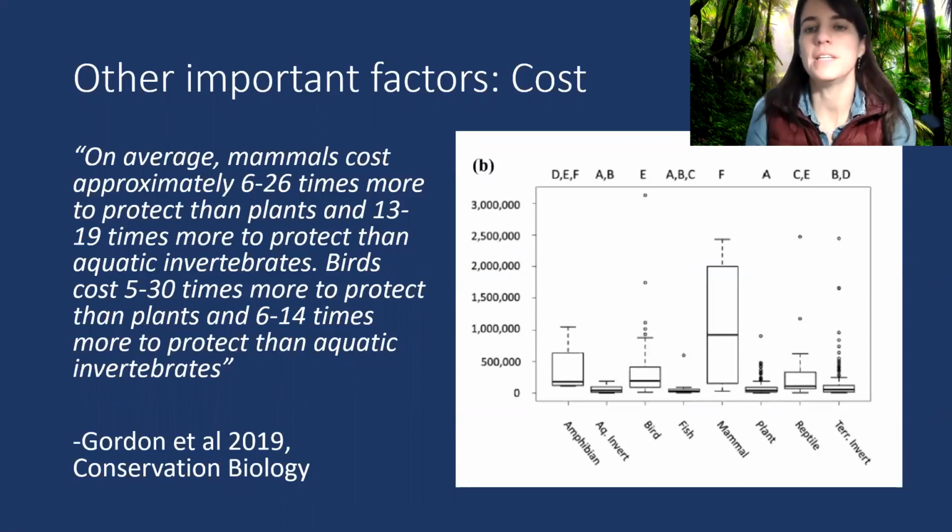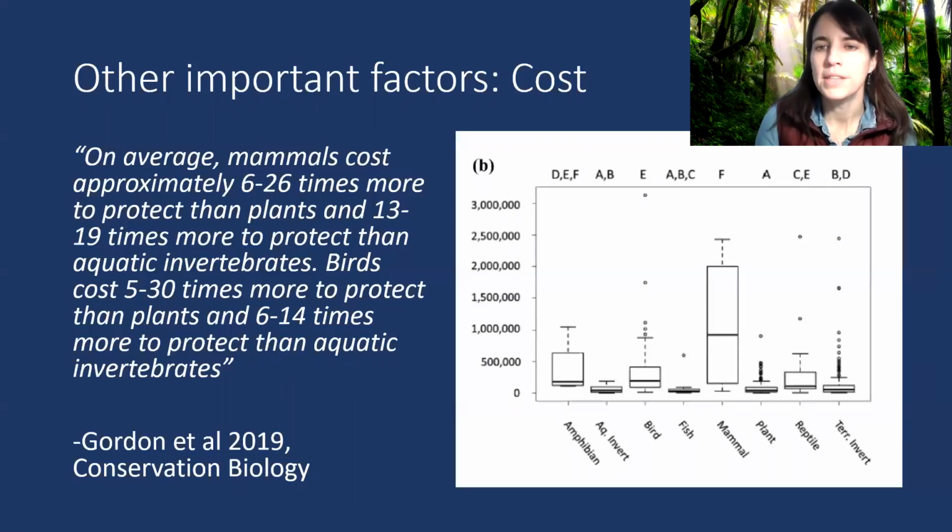And I'm showing you the New Zealand graph because the United States just had a lot of variability. But what they found across both places is that mammals are really expensive to protect. Mammals are very expensive. And more expensive to protect than plants, and way more expensive to protect than aquatic invertebrates. And birds are also reasonably expensive to protect, as are amphibians.